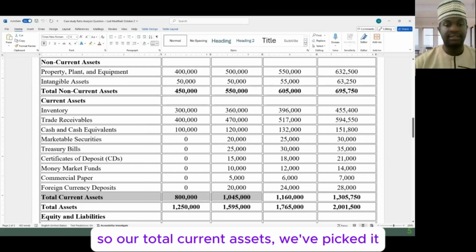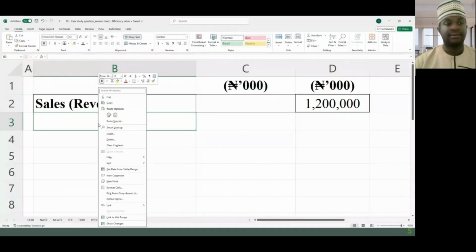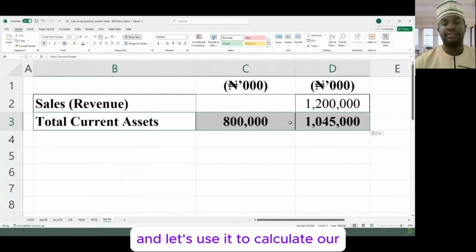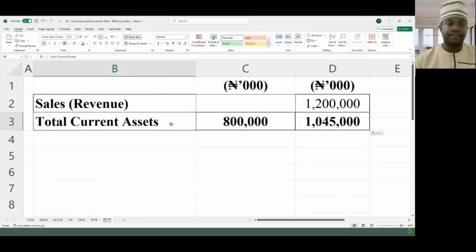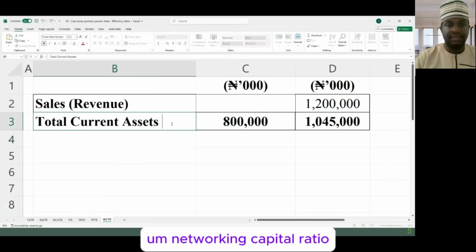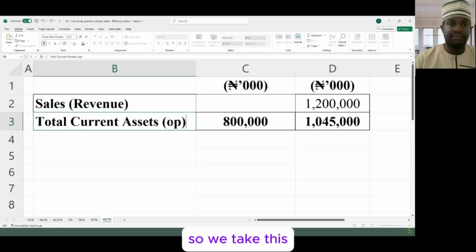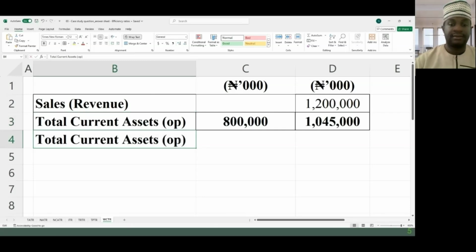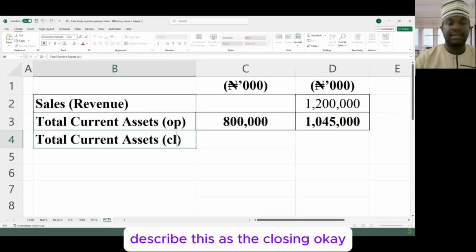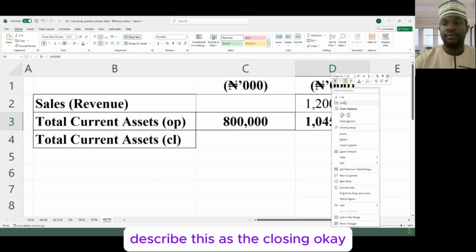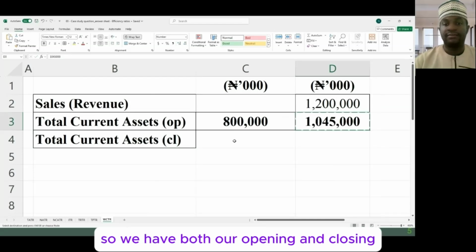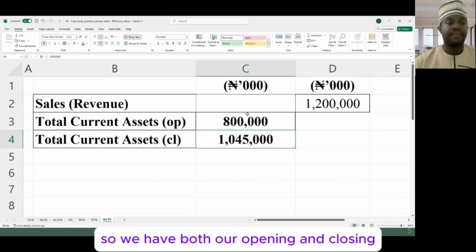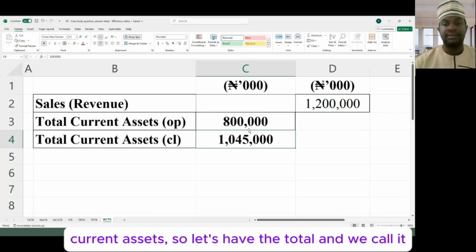Let's use it to calculate our net working capital. I'll describe this as the beginning and this as the closing. So we have both our opening and closing current assets.